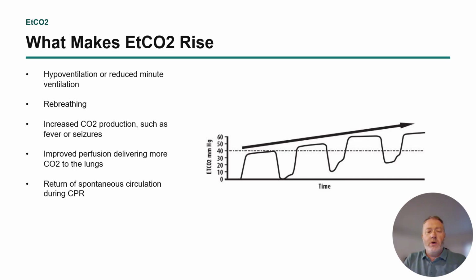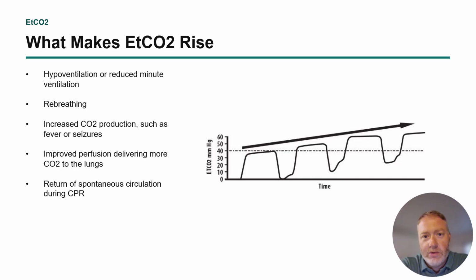So how many times you breathe a minute versus how big of a breath you take. If you reduce any of those, then you're at risk of hypoventilating, or at least you're hypoventilating more than you were prior. Any kind of rebreathing CO2.